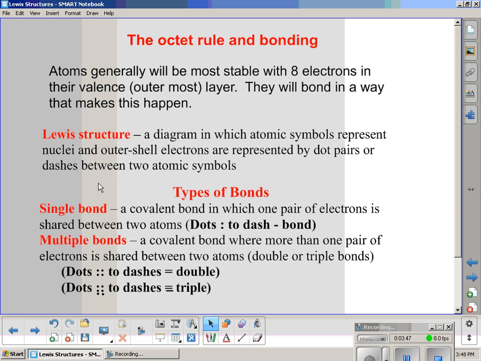Types of bonds include single bonds, where you'll have 2 dots and it changes to a dash because the 2 atoms are sharing an electron. Multiple bonds could be double bonds or triple bonds, where they share 2 electrons, so 2 sets of dots turn into 2 dashes, and 3 sets of dots turn into 3 dashes, or a triple bond. If you don't get this yet, don't worry, you will.